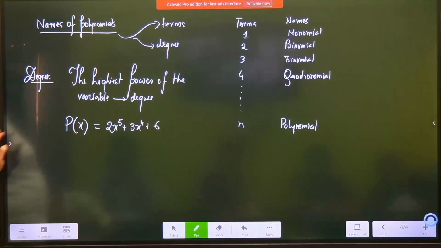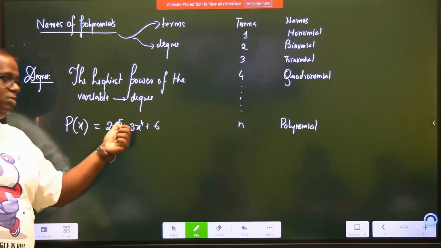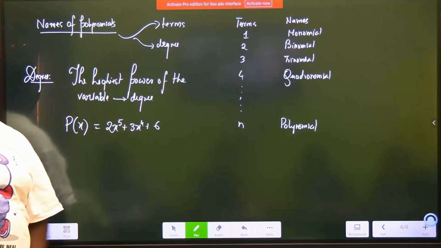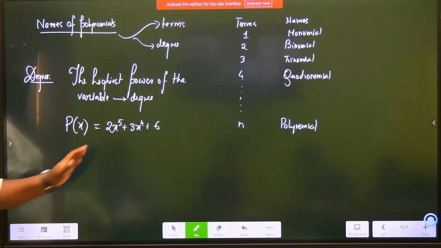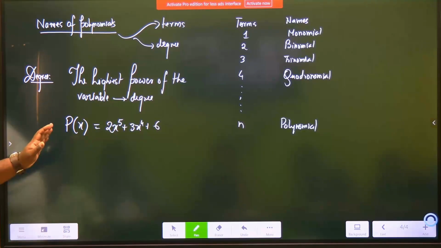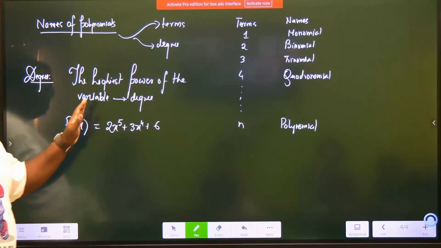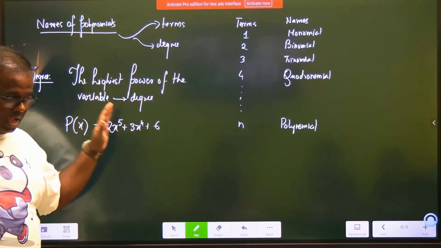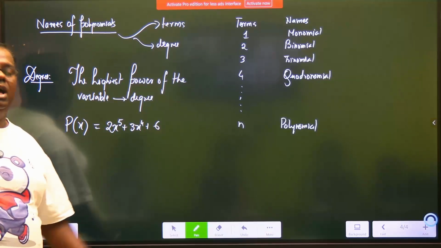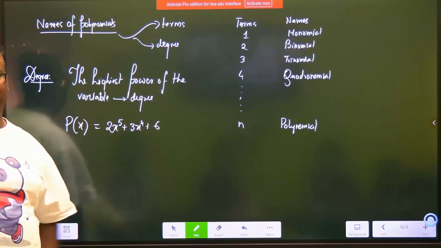Now what is the variable? x is the variable. What is the highest power? 5. So 5 will be called the degree of the polynomial. And generally you are supposed to write the polynomial like a joint family: the eldest brother, the eldest brother's wife, then the second brother, like that. So the highest degree term should always be at the first.